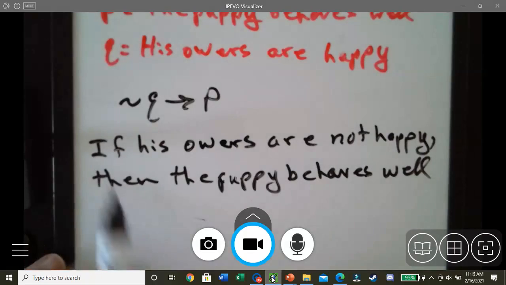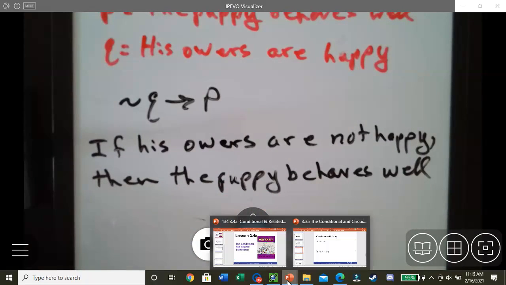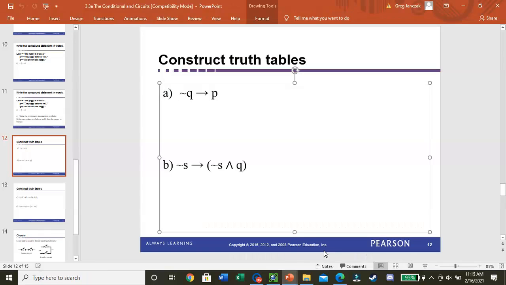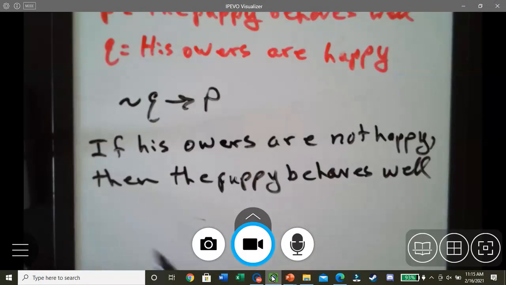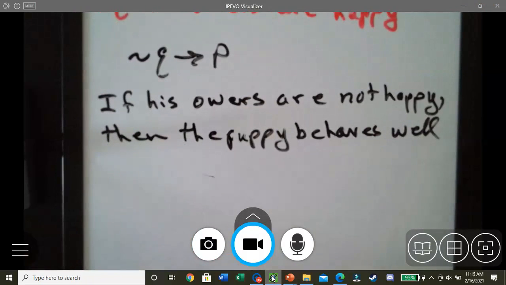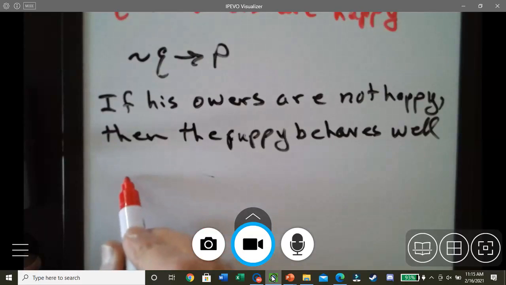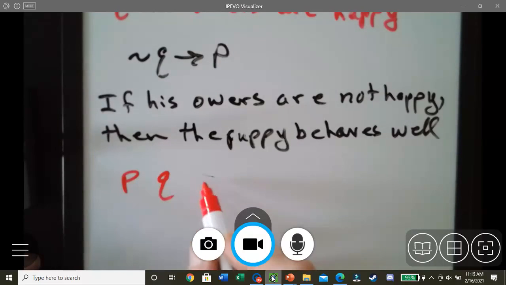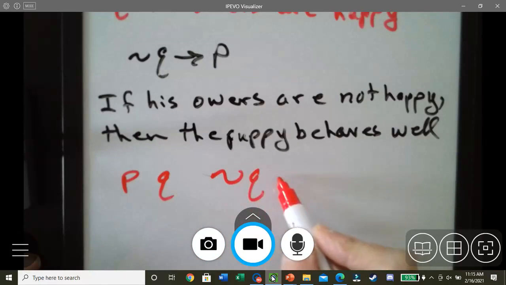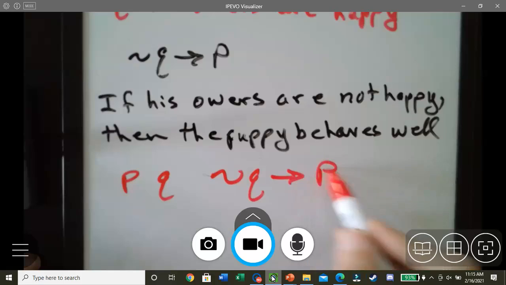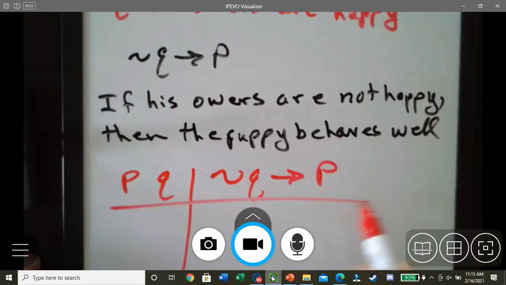All right, so let's do a truth table with this, which is actually what this question here is asking. Okay? So we're going to do a truth table now. So we put up here P, Q, if not Q, then P. Okay?